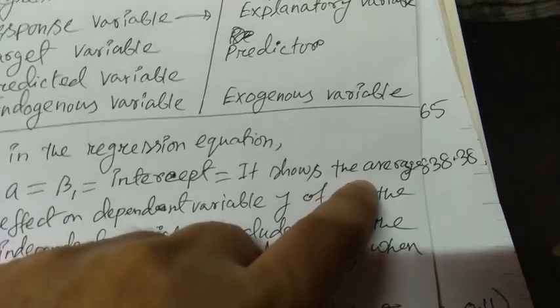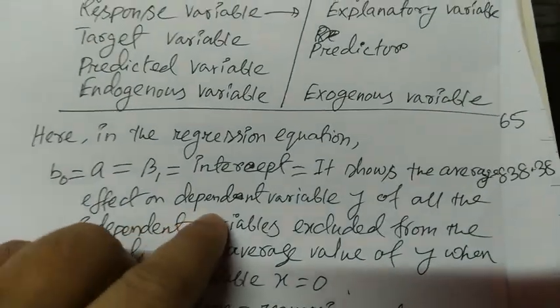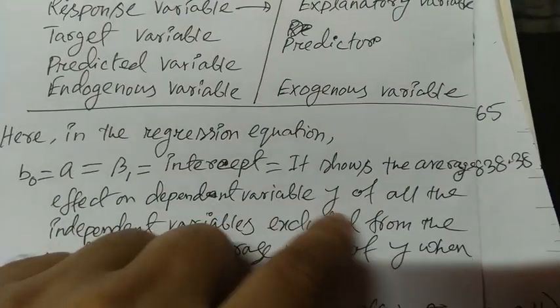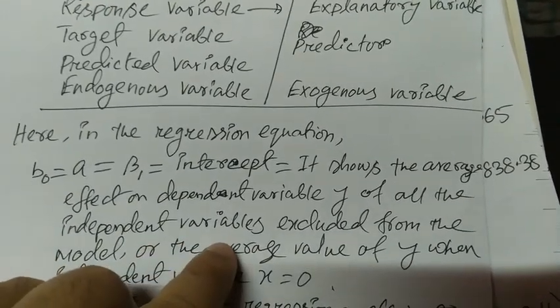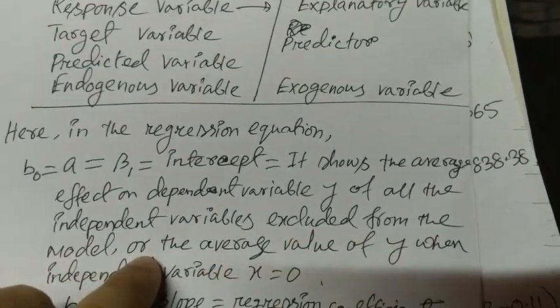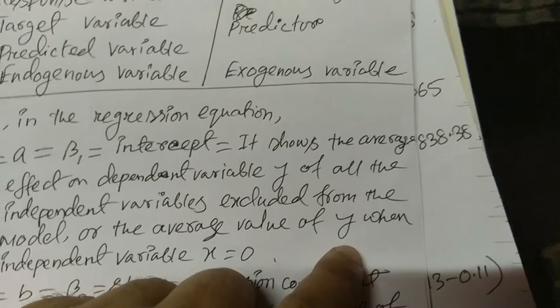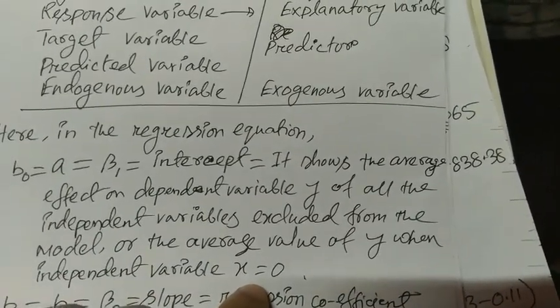It shows the average effect on the dependent variable y of all the independent variables excluded from the model, or the average value of y when the independent variable x is 0.